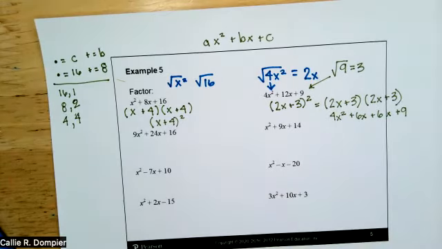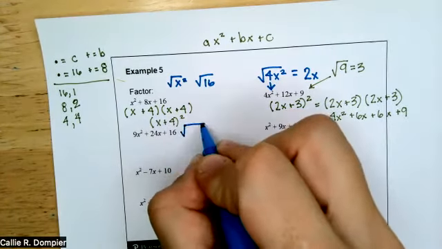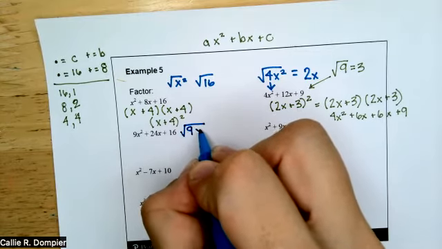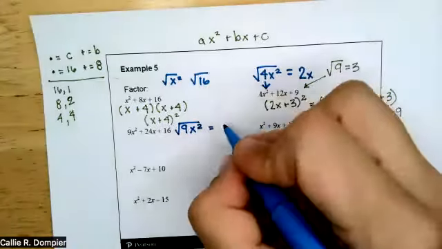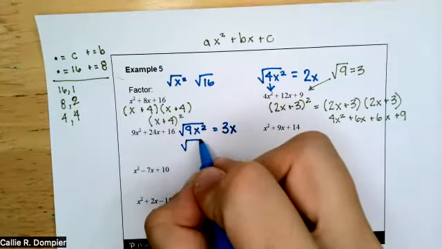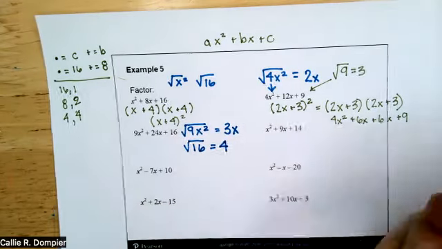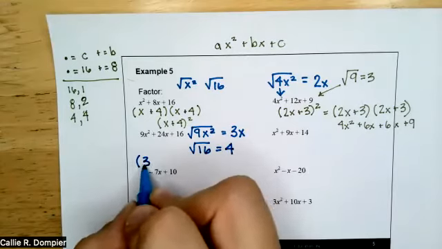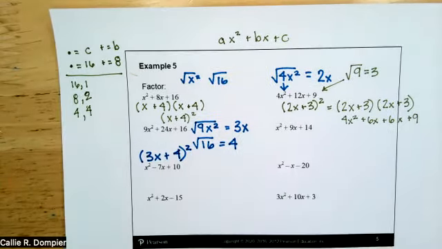Good. All right. So here, the square root of 9x squared is 3x, right? The square root of 16 is 4. 3x plus 4 squared.